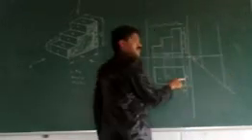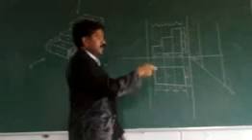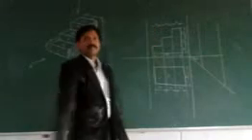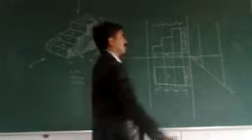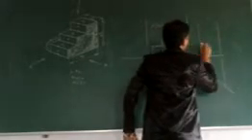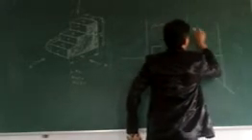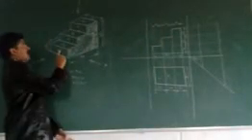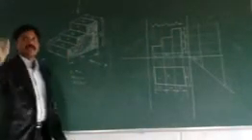Whatever dimension is there in the top view has to be transferred onto the right side of the front view. Now project these lines. See this one: 1, 2, 3, and 4. So in the side view, how many rectangles are visible?